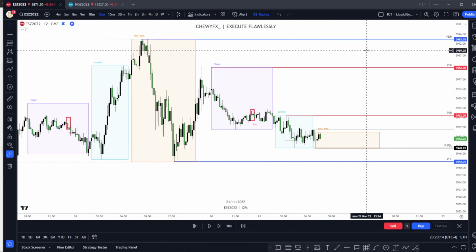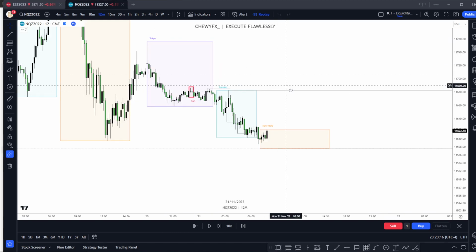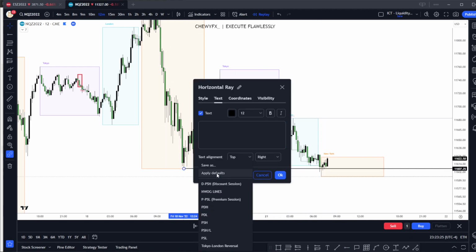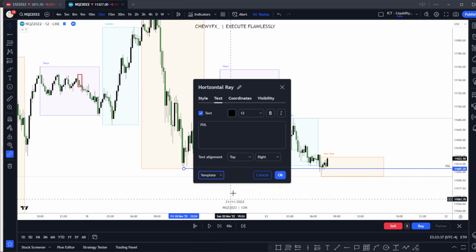Okay, so the bias on ES is bearish. Let's take a look here on NASDAQ. NASDAQ, it actually looks like we swept the previous day low already. So when this occurs, when we have one instrument that sweeps daily liquidity, but the other one is still pending, I'm not looking to take any entries on NASDAQ until ES has met that daily liquidity target.